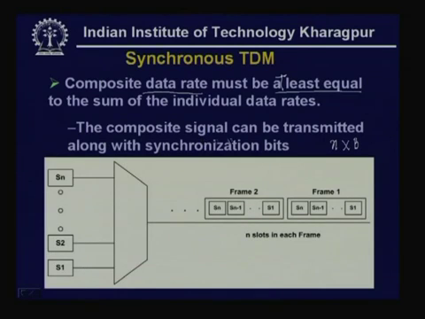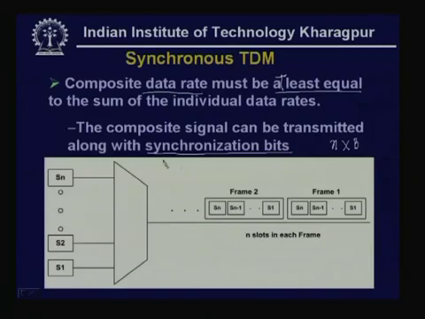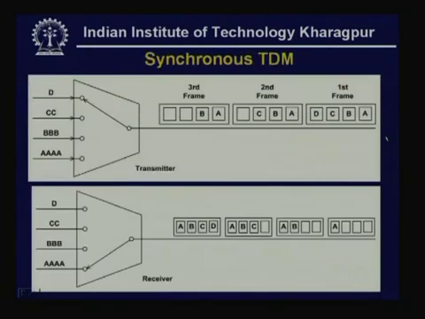Then the composite signal can be transmitted along with synchronization bits. Just like the guard bands used in frequency division multiplexing, which are essentially overhead bits, similarly here the synchronization bits are overhead bits, as we have seen in time division multiplexing.